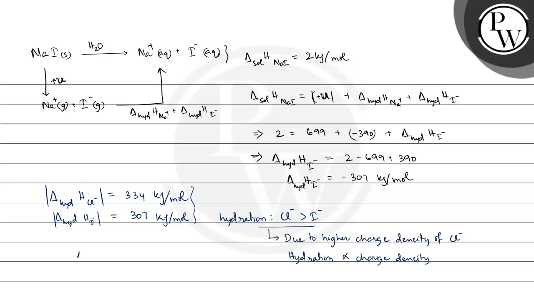So the magnitude of enthalpy of hydration of Cl minus is greater than the magnitude of hydration enthalpy of I minus. This is the required answer, and I hope you understood the concept well. Best of luck.